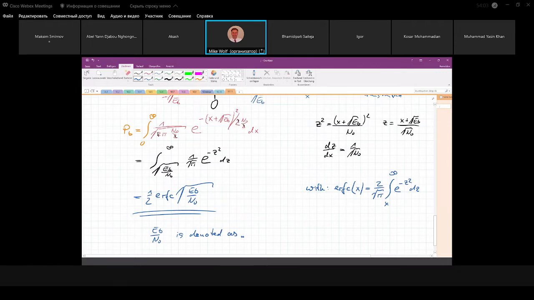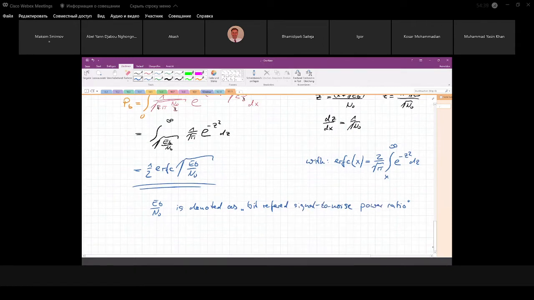It's also called the signal to noise power ratio, or just simply the Eb by N0 ratio. You will see it in any book; take a look at the axis of the figures. This is Eb by N0, the signal to noise power ratio.